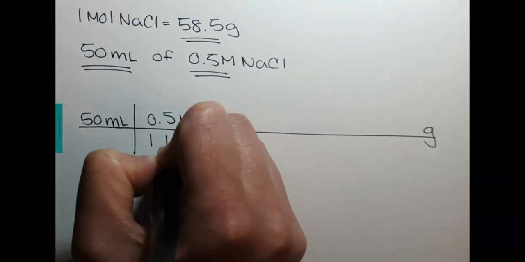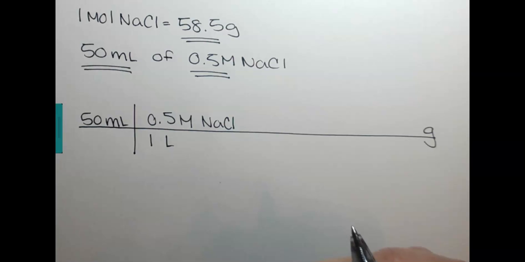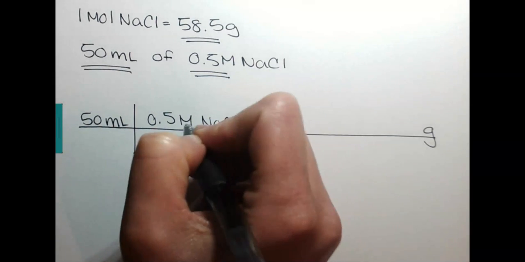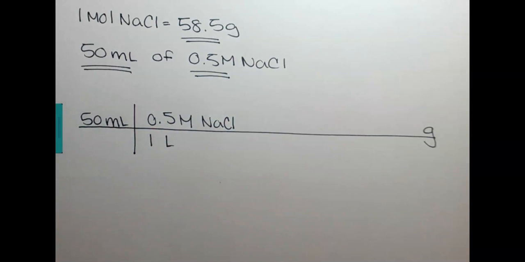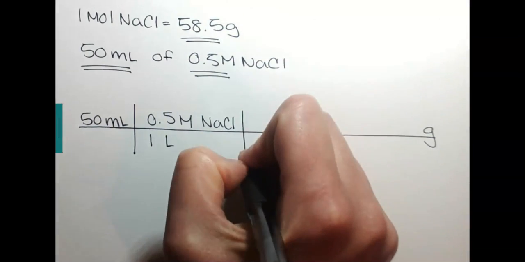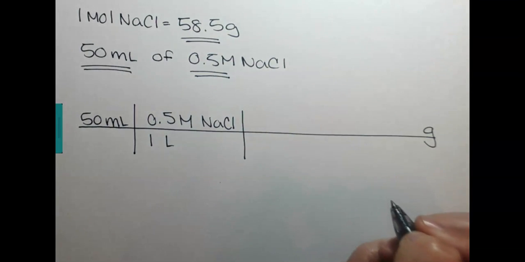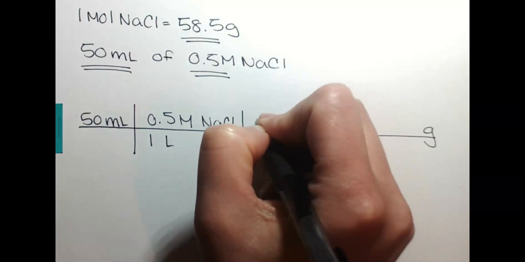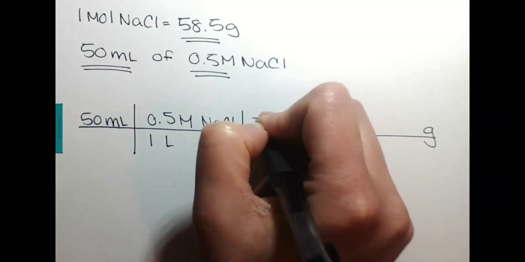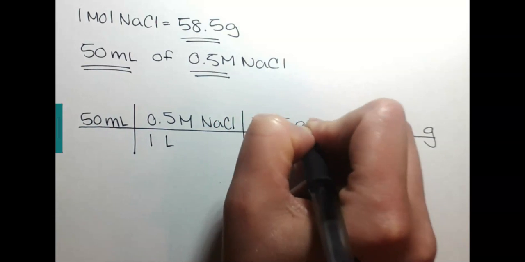So that's what molarity kind of measures, that's moles per liter. And I know that there are 58.5 grams of NaCl in 1 mole of NaCl.